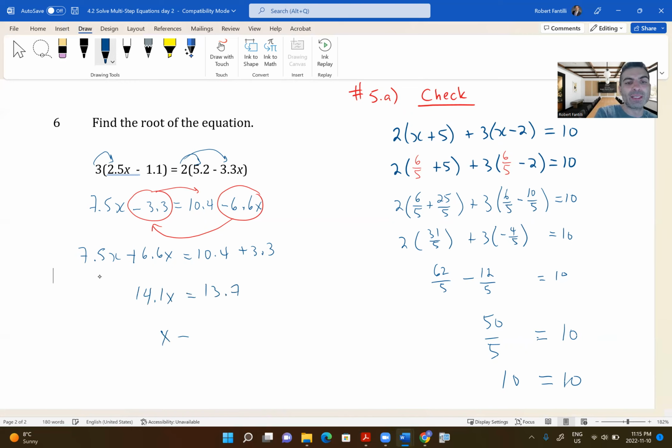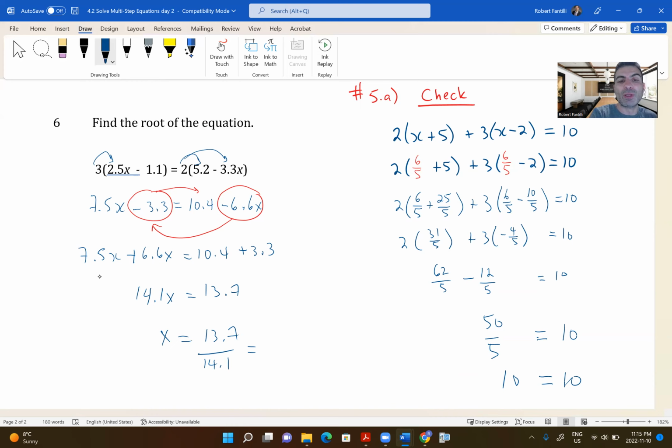And then we get x equals 13.7 divided by 14.1. Because we're using decimals, it's not good to have decimals when you're dividing decimals. So 13.7 divided by 14.1 is like a fraction with decimals. Kind of fractions are decimals or decimals are fractions, so it's kind of weird. We can round this.